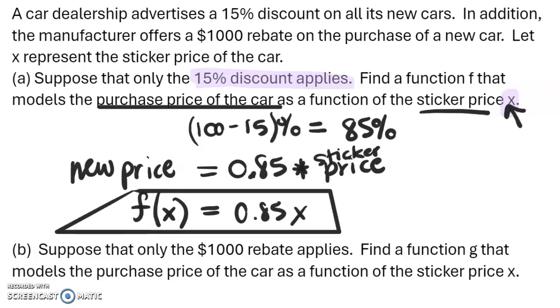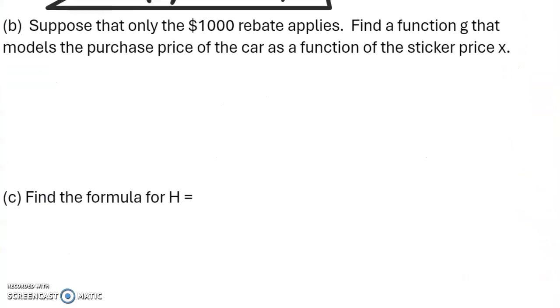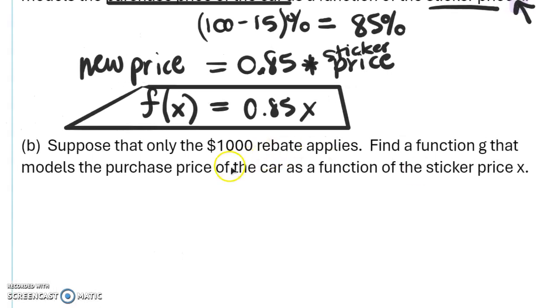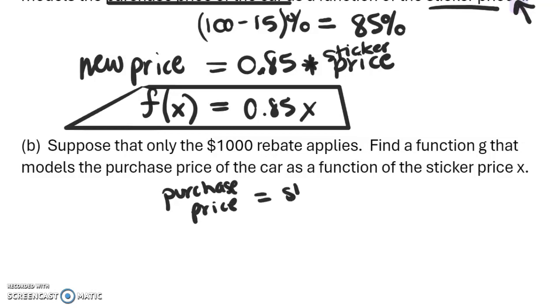Now in part B, it says suppose that only the $1,000 rebate applies. Find a function g that models the purchase price of the car as a function of the sticker price x. So if it's only a $1,000 rebate, then the purchase price of the car, or the new price, would mean I would take the sticker price and I would subtract $1,000.